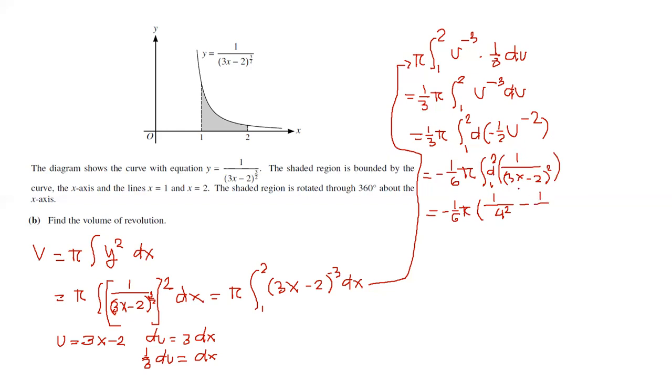Afterwards 1 over 1 squared. Equal 1 over 16 minus 1.